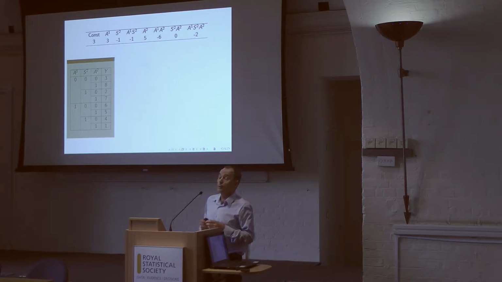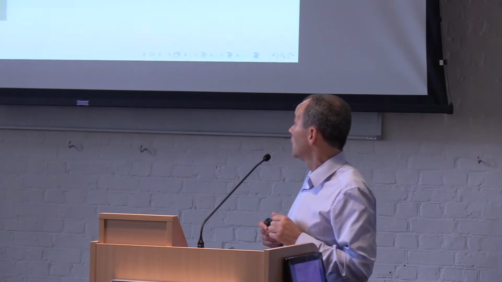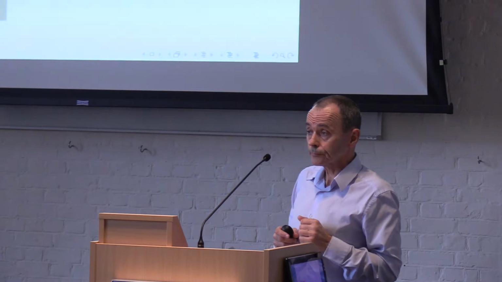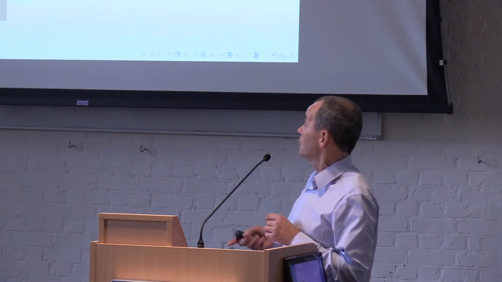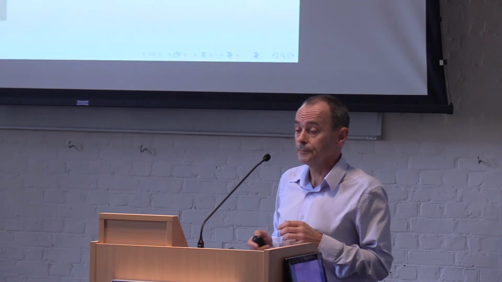Those are the possible first actions, second states, and second actions. Remember, everybody had the same first state, and those are my final y's. And if you check the arithmetic, the coefficients add up to the terms in the y column there.